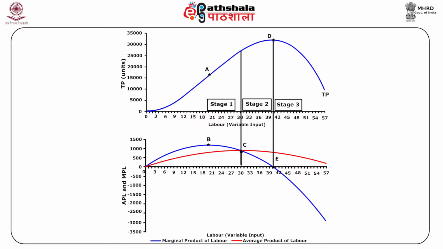Beyond 20 units of labor, the additional output obtained diminishes as one more unit of labor is employed. That is, the law of diminishing marginal returns starts operating in stage 1 after point B on the MPL curve corresponding to 20 units of labor employed.